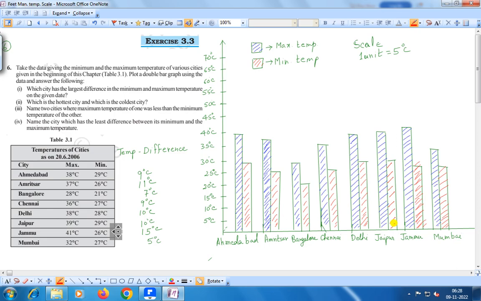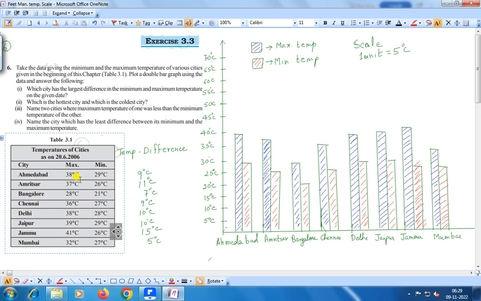Now here you see table 3.1: Ahmedabad maximum 38 degrees, minimum 29 degrees centigrade; Amritsar 37 and 26 degrees centigrade; Bangalore 28 and 21 degrees centigrade; Chennai 36 and 27 degrees centigrade; Delhi 38 and 28 degrees centigrade; Jaipur 39 and 29 degrees centigrade; Jammu 41 and 26 degrees centigrade; Mumbai 32 degrees centigrade, and minimum is 27 degrees centigrade.